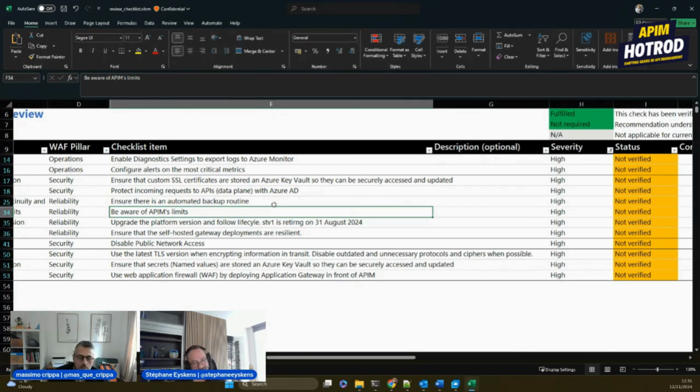Listen, it just came to my mind. Let's try. If you could take one of the limits of API Management and make it go away, which one would it be? I'm just thinking about maybe the number of APIs, or operations that you can host on a single instance, would be one, which is actually not very clearly documented, right?